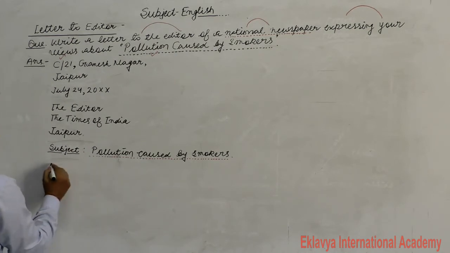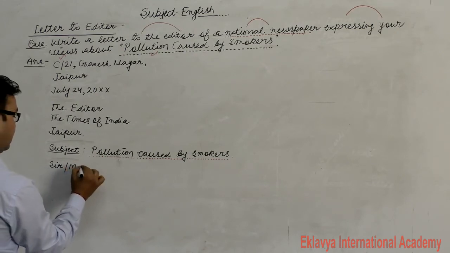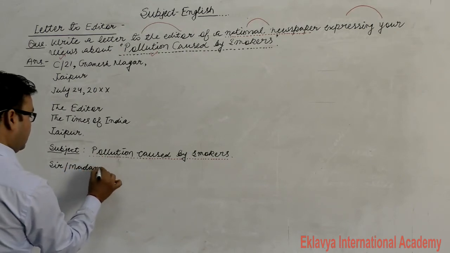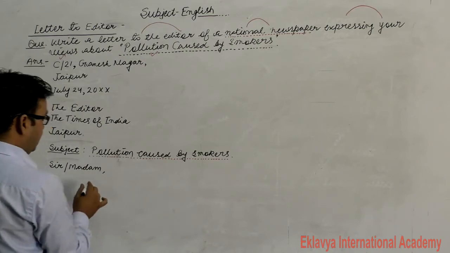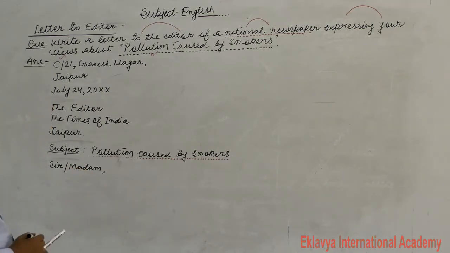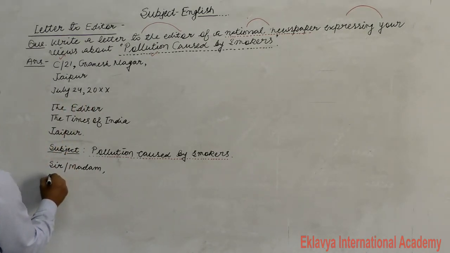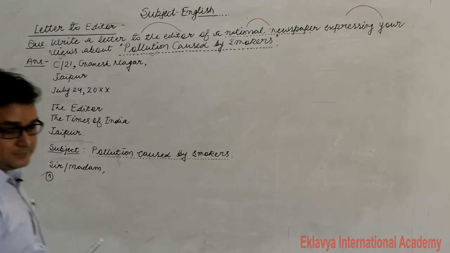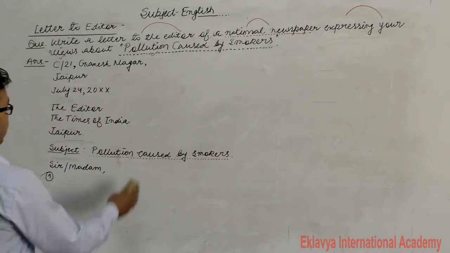Okay, students, then sir or madam. You can write both of the salutations, or you can mention either one of them, there is no problem. This next line would start from here, यहाँ से शुरू हो गया आपके. Let's have the introductory part, the same will be common.